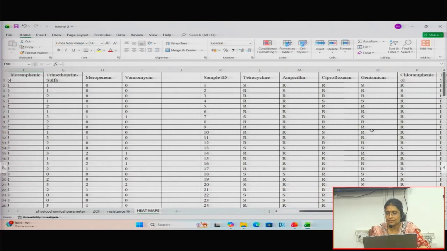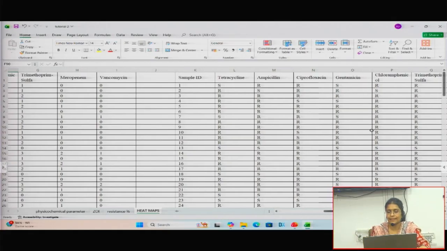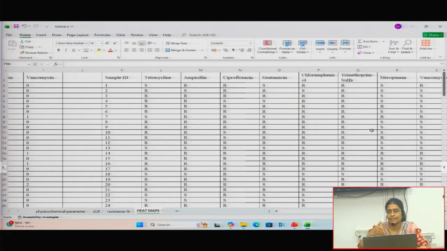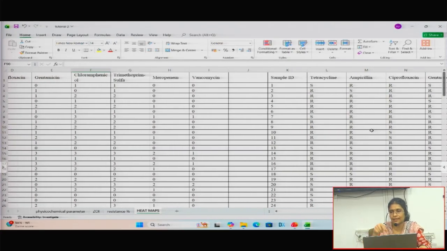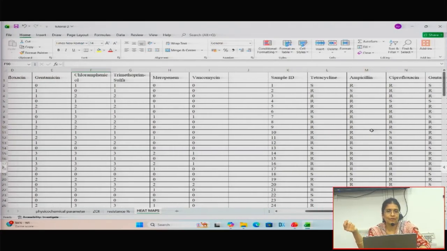Based on that, on the right side you get your values for S and R, that is resistant. Because in the lab, more colonies means it is more resistant. Is that clear? Both the sets. This is not the same data as your third sheet. This is a separate data.